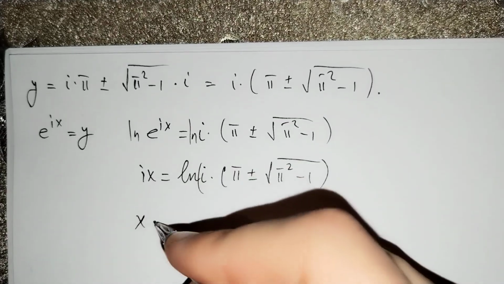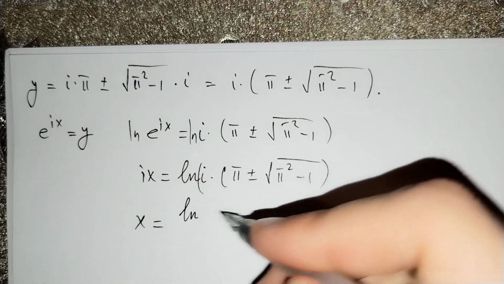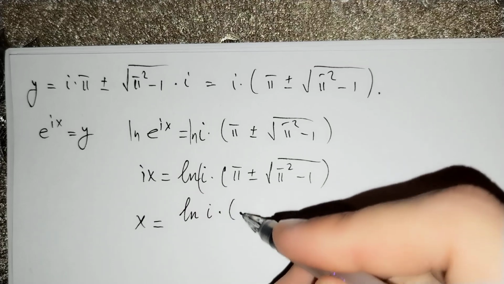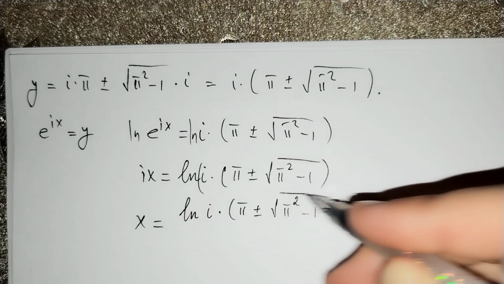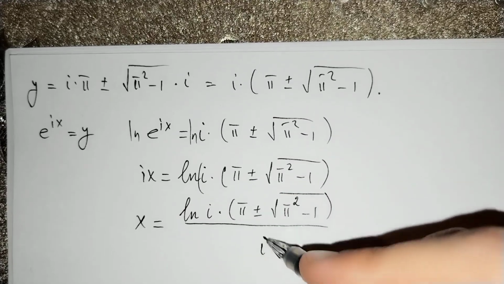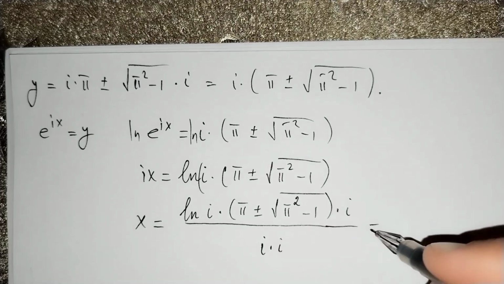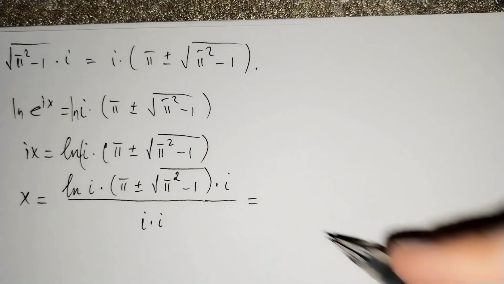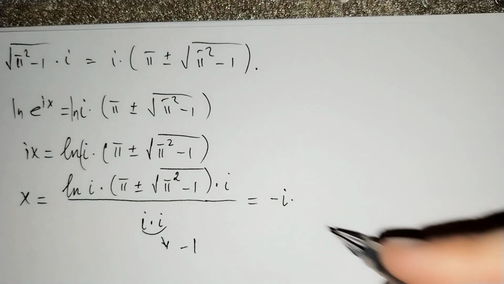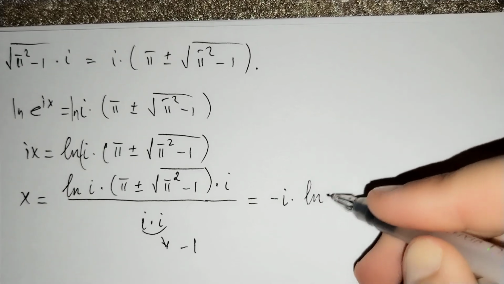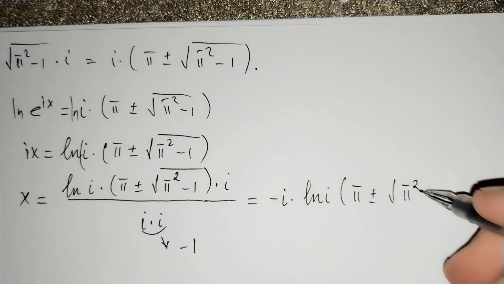And if we find x from here, x equals ln of i times pi plus minus the square root of pi squared minus 1, over i, and multiplying both sides of our fraction with i, this is equal to minus i times ln of i times pi plus minus the square root of pi squared minus 1.